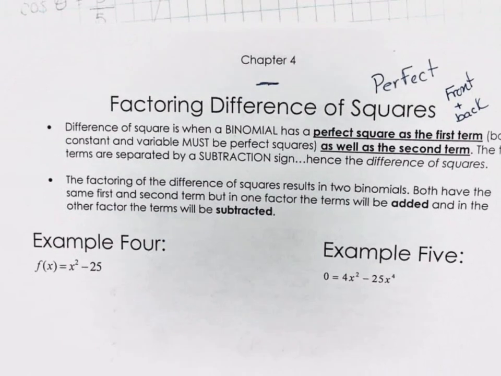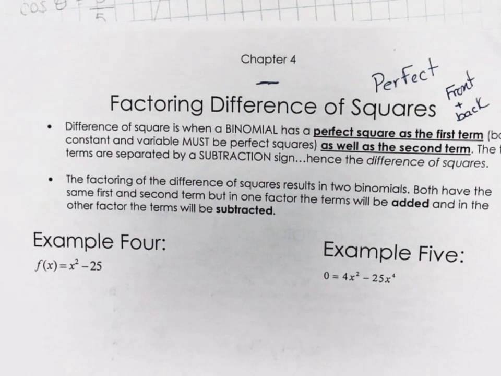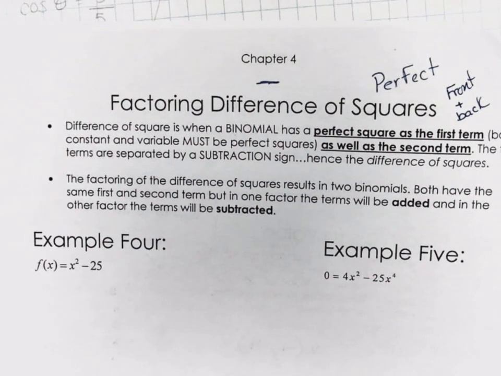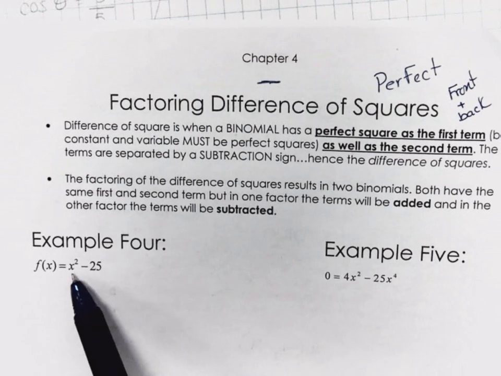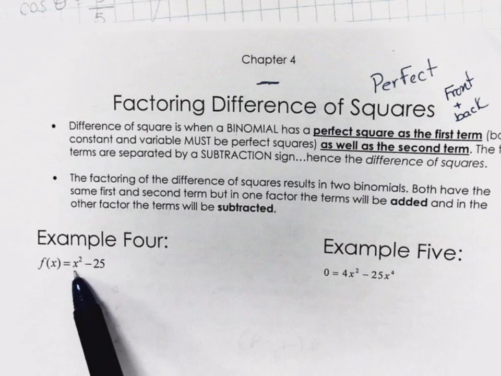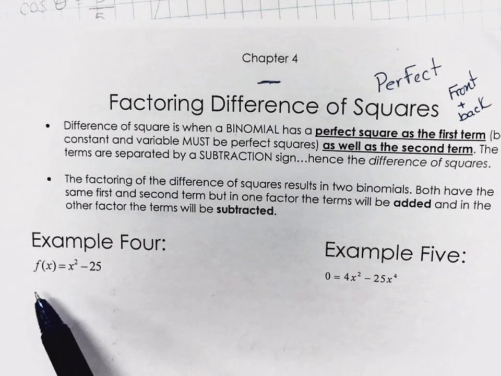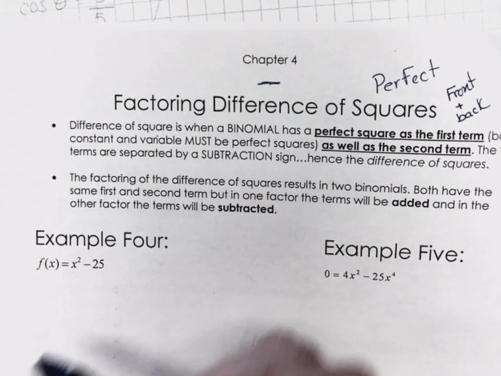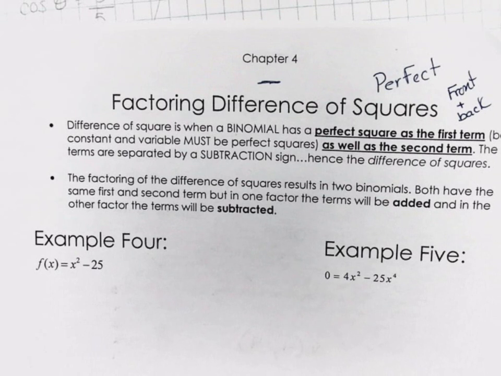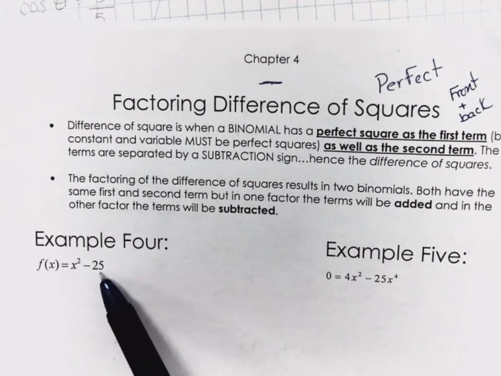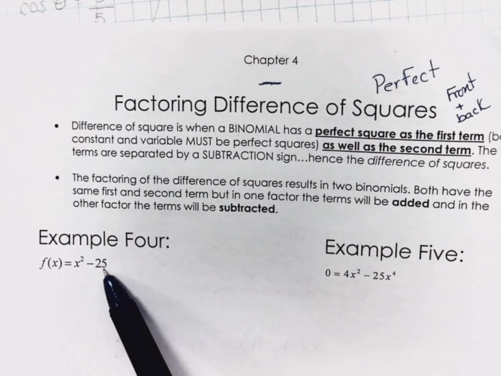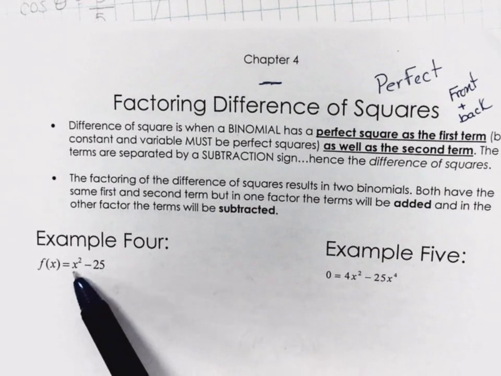When I talk about perfect squares, I'm talking about 1, 4, what else we got? 9, 16, 25, right? But also a perfect square is x squared, because two factors that multiply together to give me x squared is x and x, right? So if we were to take the square root of x squared, which you have done a million times doing Pythagorean theorem, and no one worries about it then. So really, if you know the square root of 25, you should know the square root of x squared.